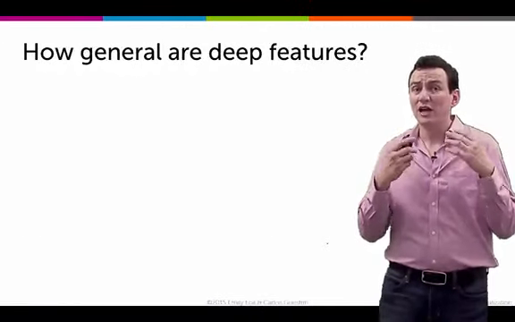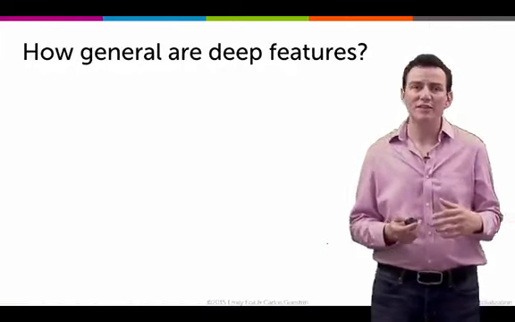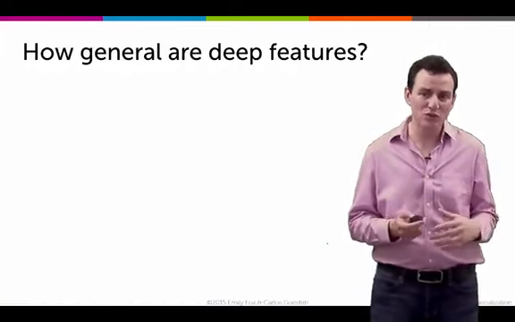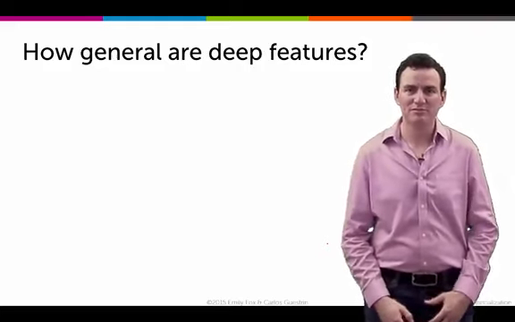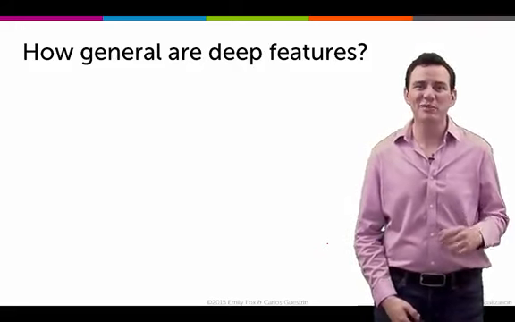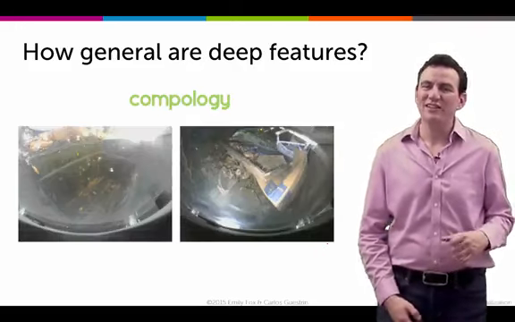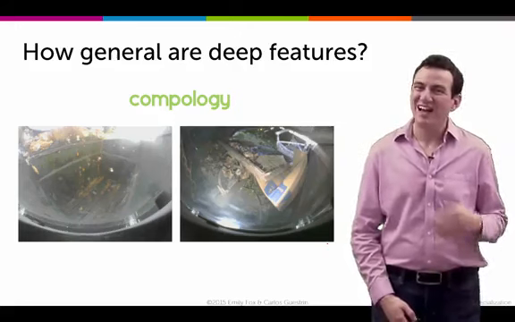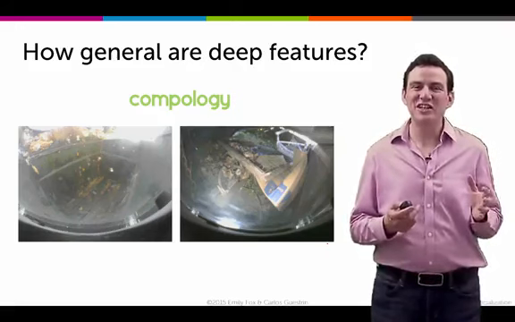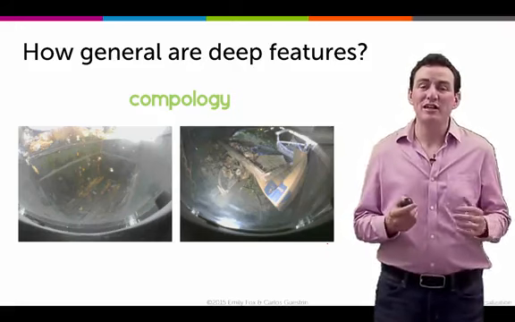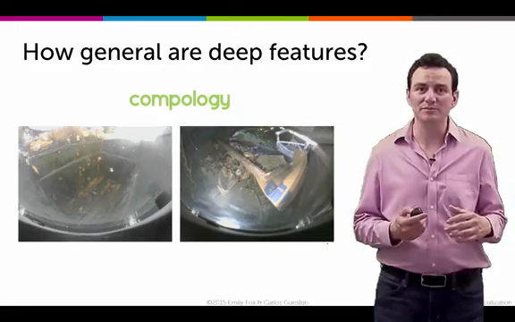Now, we may ask, how general are these deep features? Can they really be used for interesting, extremely unusual tasks? Well, actually, you'll be surprised. In fact, let's talk about trash. A company called Compology is a pretty interesting company. They're trying to reinvent how trash collection is done.